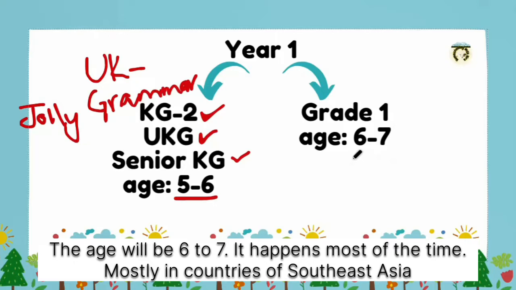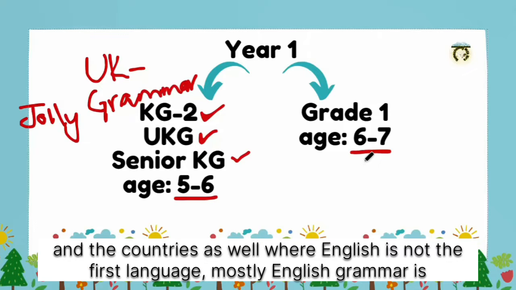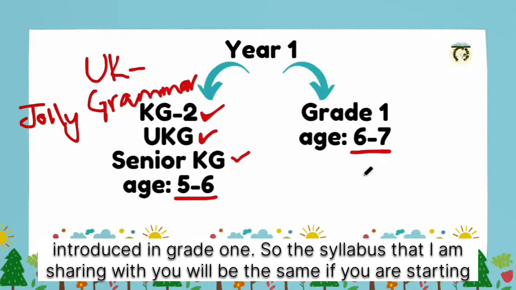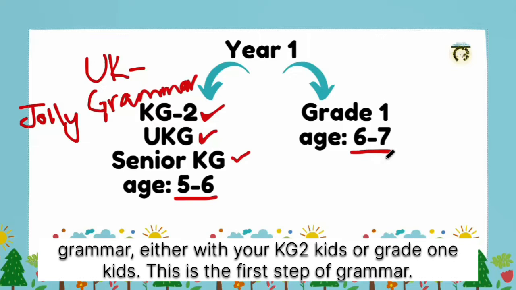The age will be 6 to 7. It happens most of the time, mostly in countries of Southeast Asia and other countries as well, where English is not the first language. Mostly English grammar is introduced in grade 1. So the syllabus that I'm sharing with you will be the same if you are starting grammar either with your KG2 kids or grade 1 kids.